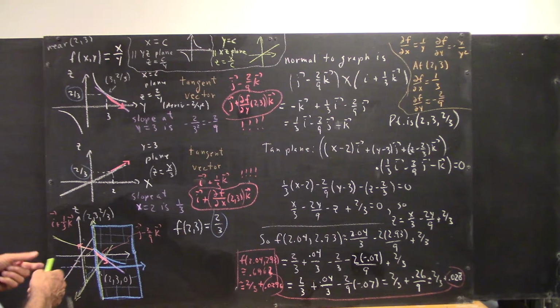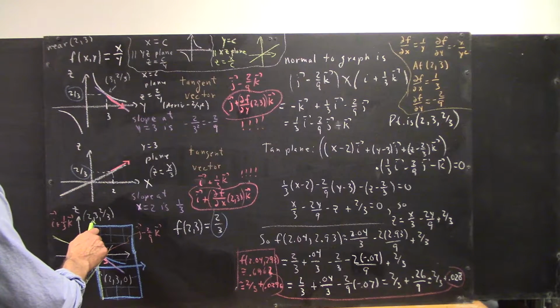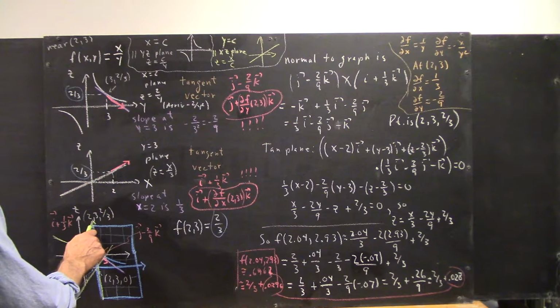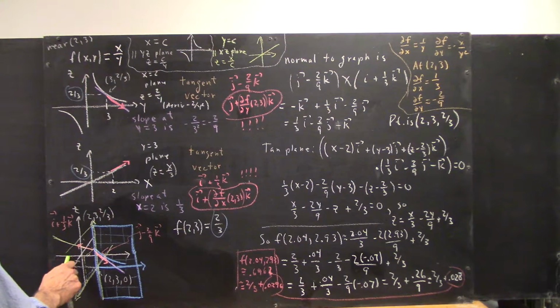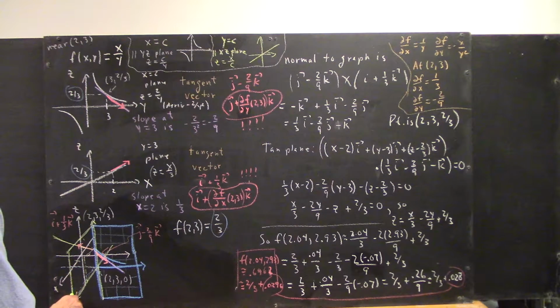Now we want to embed that in a plane, so I want to kind of indicate a plane parallel to the xz plane, but not in the xz plane.